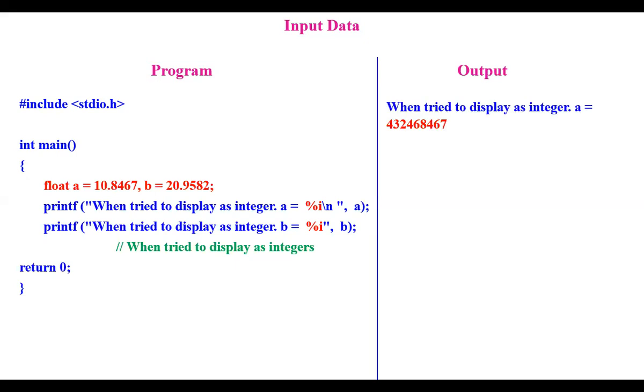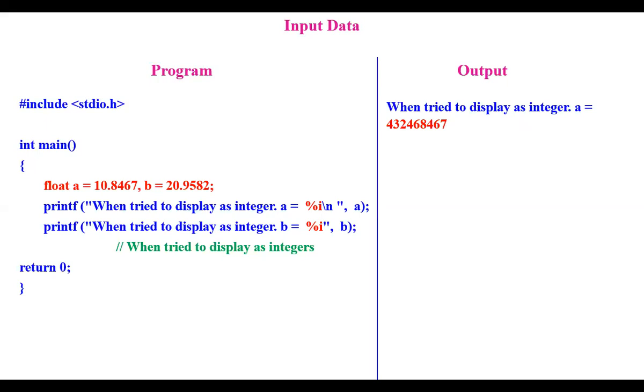You see the magic? When I try to display a float value as an integer, it has again given junk, garbage, because it is not the way to display one form of data type as another without making some modifications.